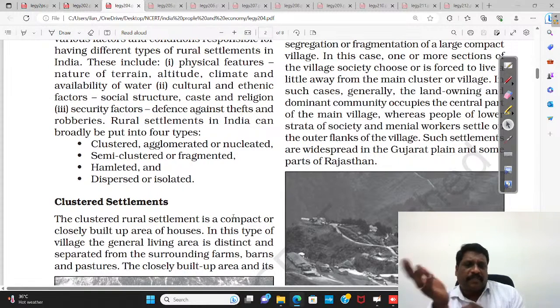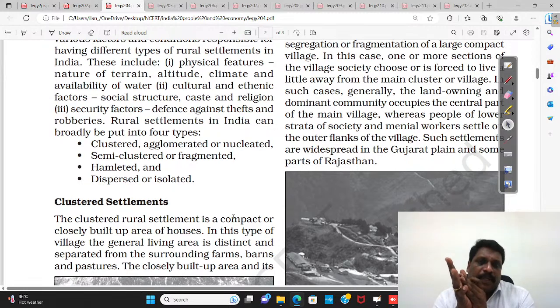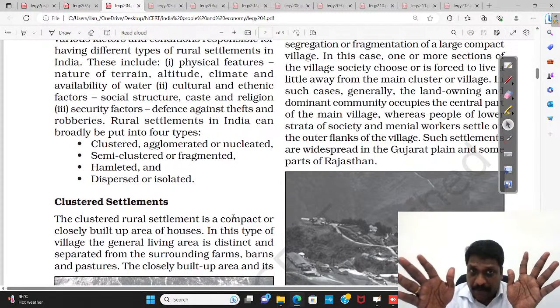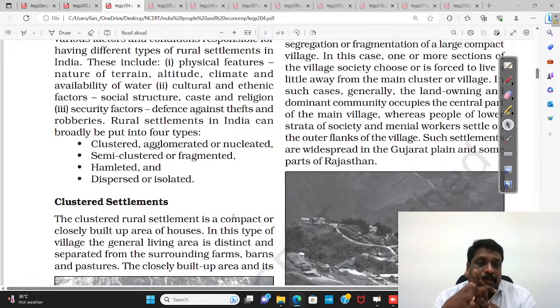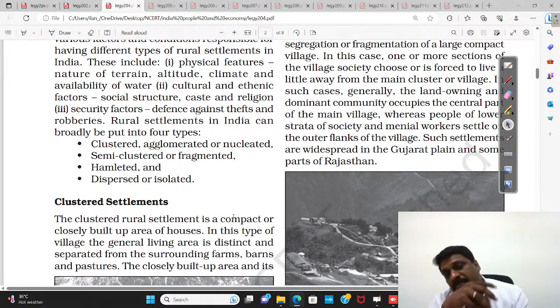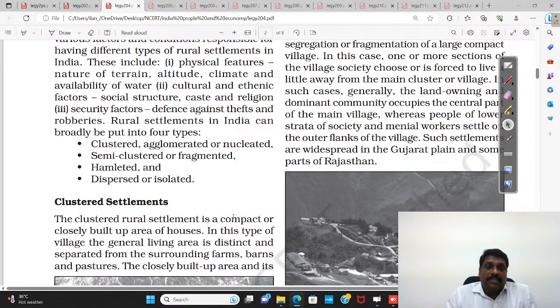The area of India contributes somewhere around 2 to 4% of the world, a very small area. But when I talk about population, we have nearly 17 percent of the world's population share. So the population pressure will be very high, and the availability of land for agriculture will be very limited.